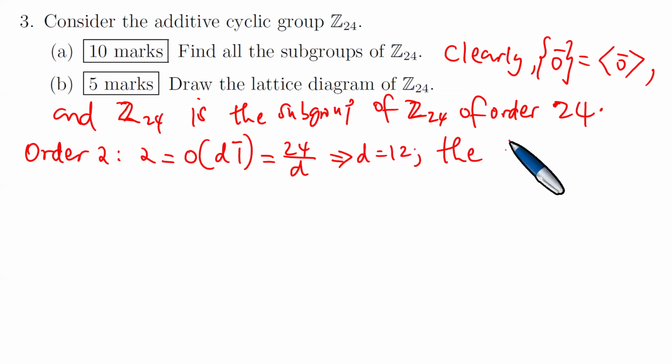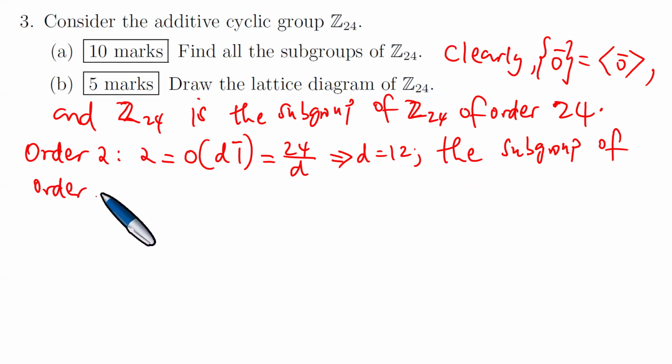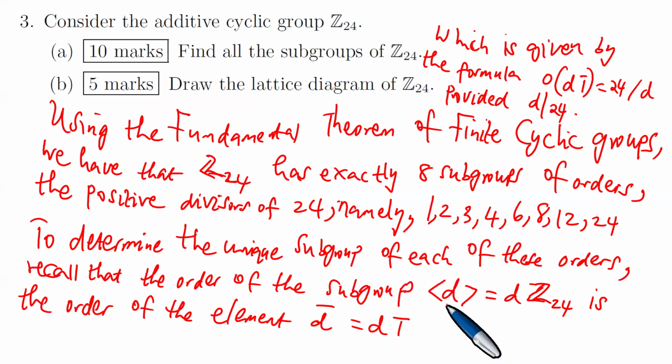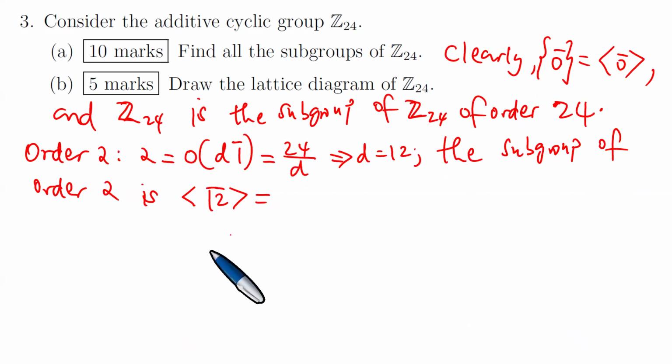So the subgroup of order 2 is what? Let us look at the group generated by 12 bar. We've already said the group generated by D is D Z24, so this one is the group generated by 12 bar, which is the same as 12 Z24.